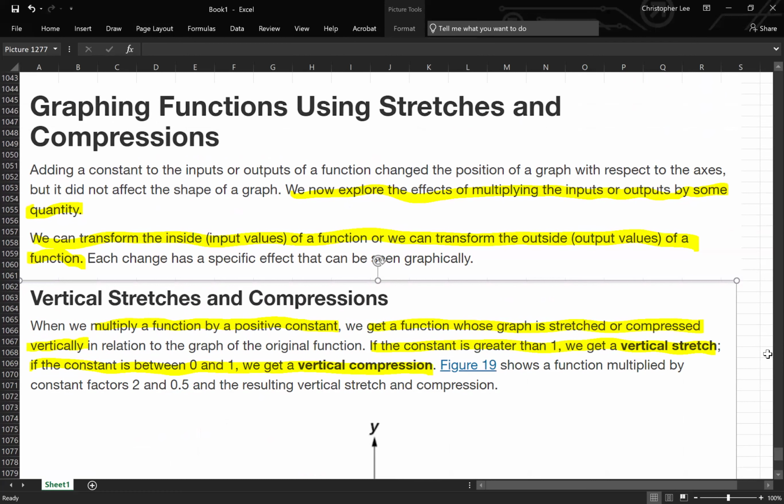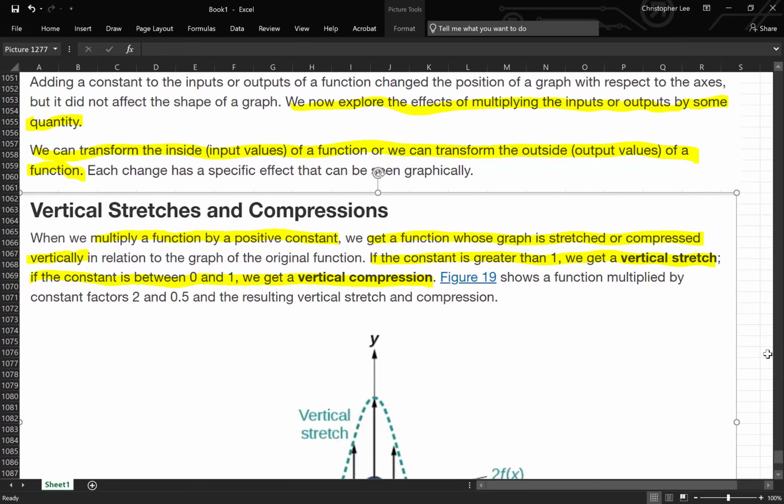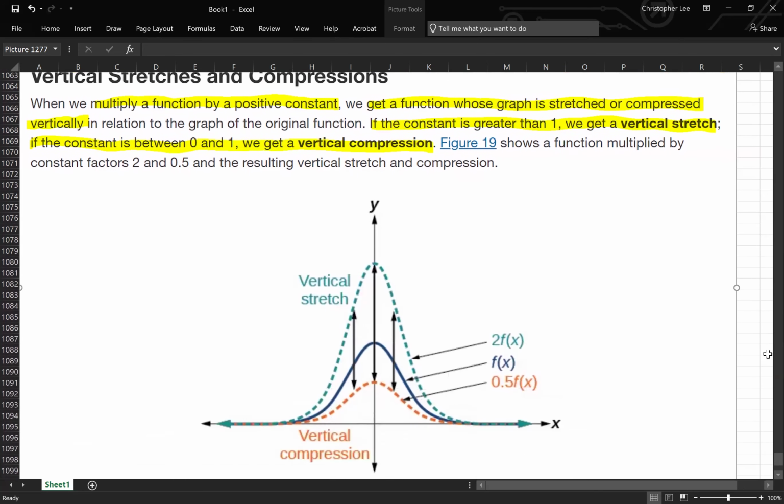If the constant being multiplied is greater than 1, we get a vertical stretch. If the constant is between 0 and 1, a fraction, we get a vertical compression. And then the figure shows you what happens when you multiply by 2 and 0.5.